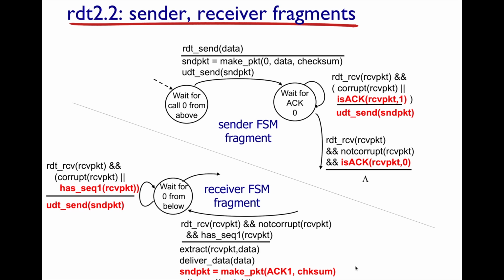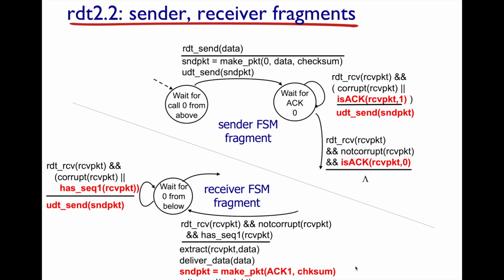It's the acknowledgement of packet 1. And so if you're waiting for 0 from below, and you got sequence number 1, you say, I just acknowledged sequence number 1. Let me send you ACK1 because I'm telling you, here's the sequence number of the last successfully received packet.